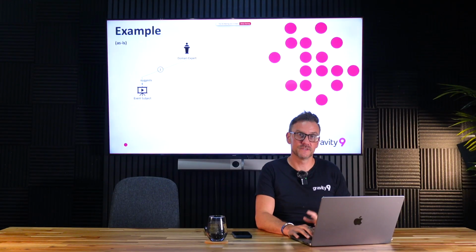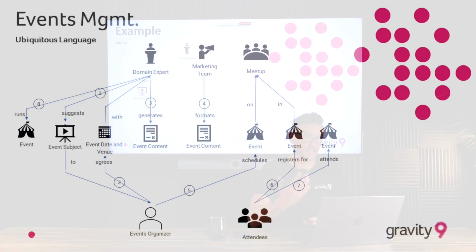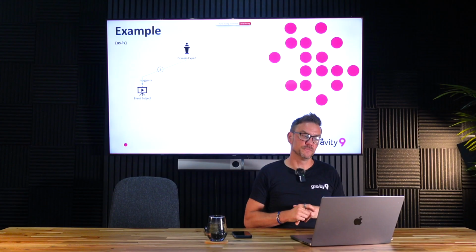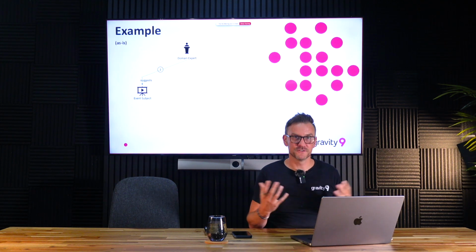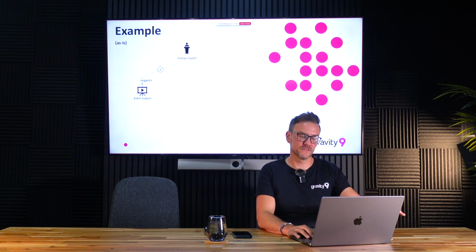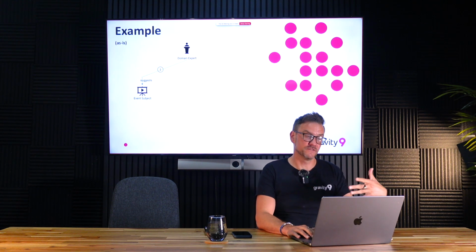So the example is to plan an event, or events planning, a subdomain of our business. So we've got one domain expert here. A domain expert within Gravity9 is probably a software developer, solutions architect, or someone with some expertise that has some information that we would like to talk about. So we're just describing this flow as a kind of workflow, if you like.